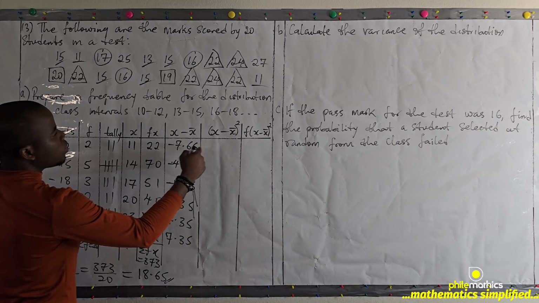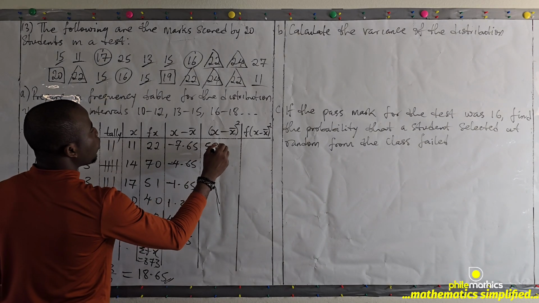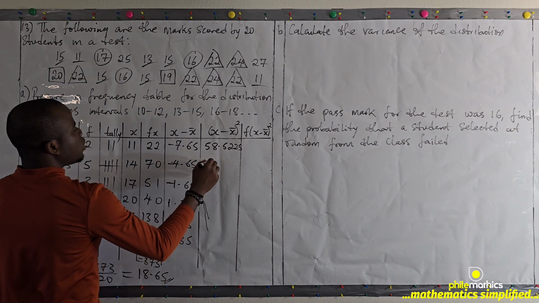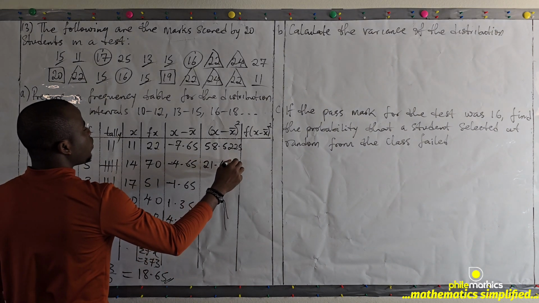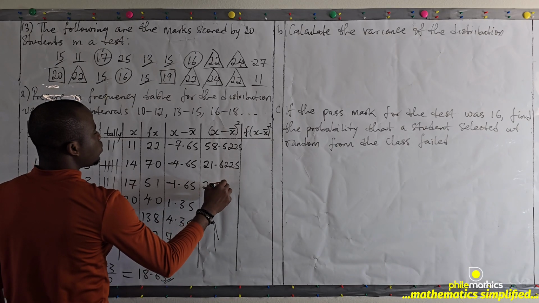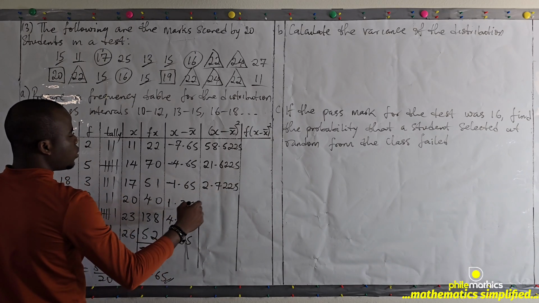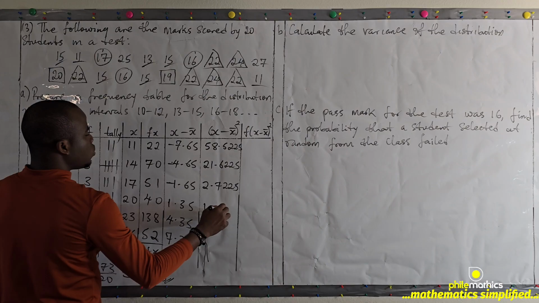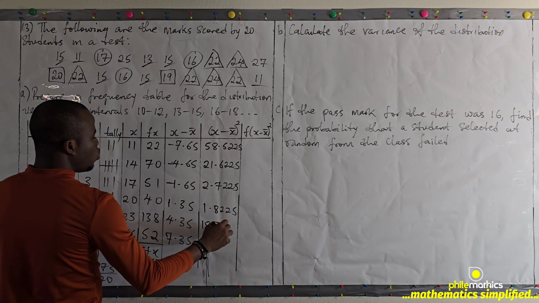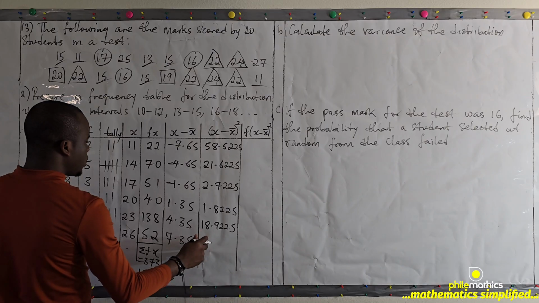If we square this, we will get 58.5225. If we square this, we will get 21.6225. If we square this, we will get 2.7225. If we square this, we will get 1.8225. If we square this, we will get 18.9225.